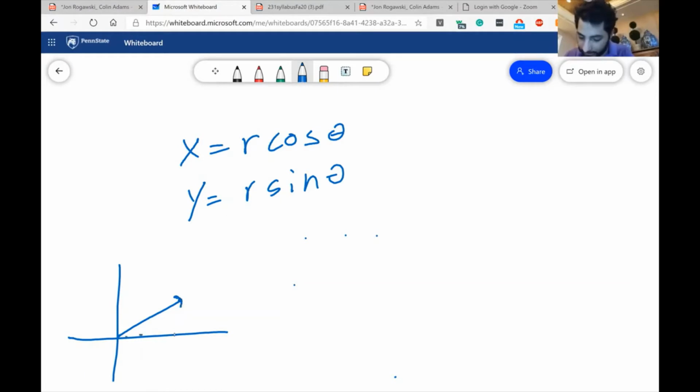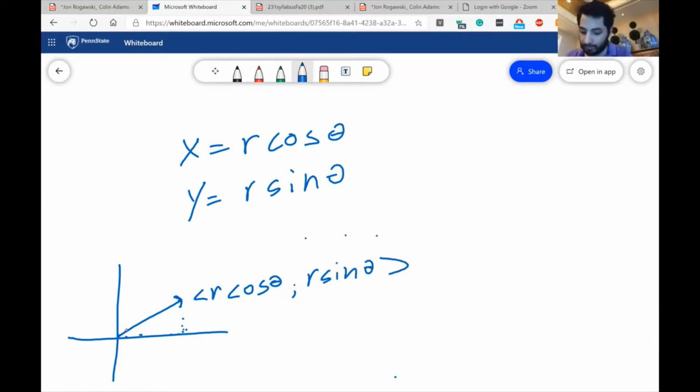And yeah, this is the x component, this is the y component. So this over here is the point, or the vector, r cosine of theta for the x component, and r sine of theta for the y component.